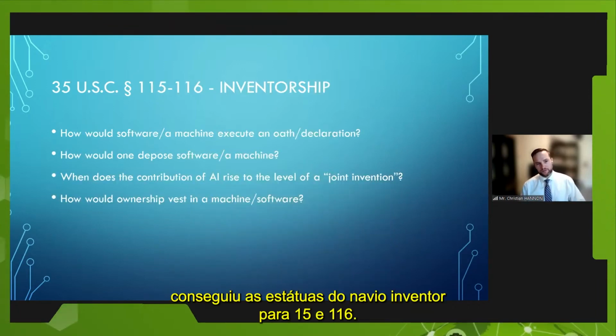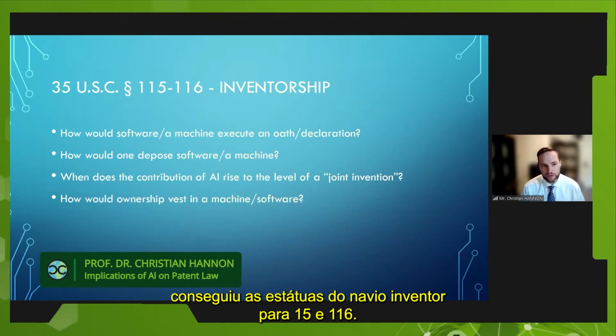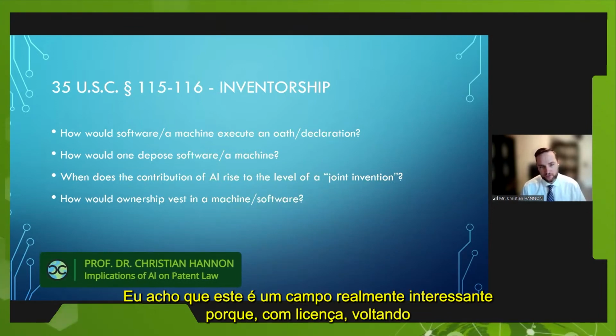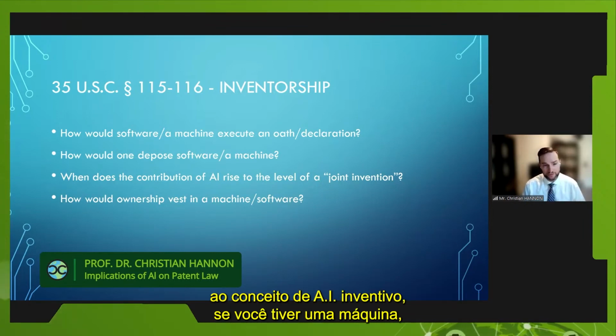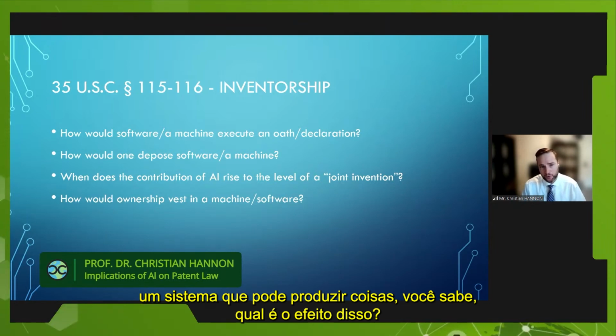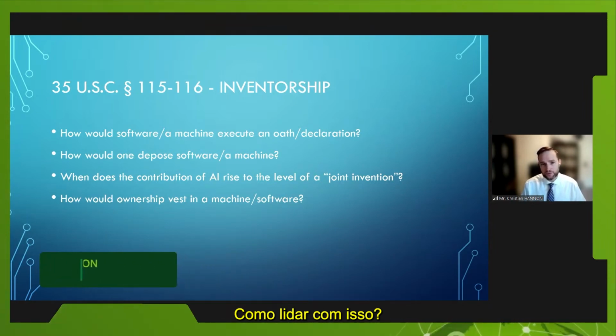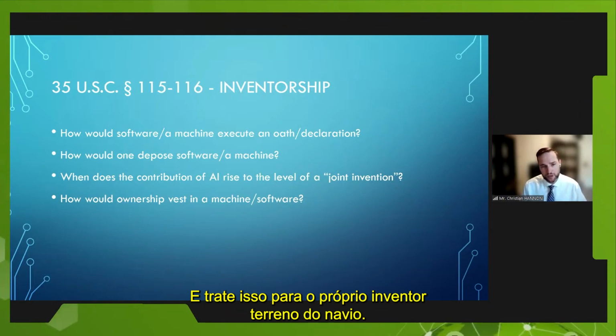So here I've got the inventorship statutes, 115 and 116. I think this is a really interesting field because, going back to the concept of inventive AI, if you have an AI system that can output things, what is the effect of that? How do we deal with that and treat that on inventorship grounds?